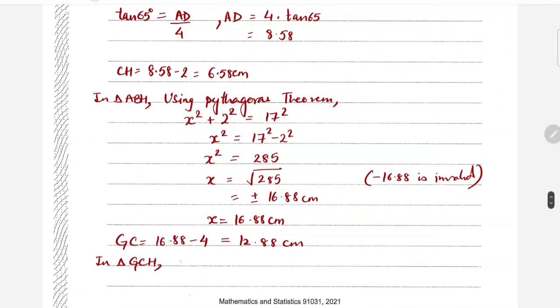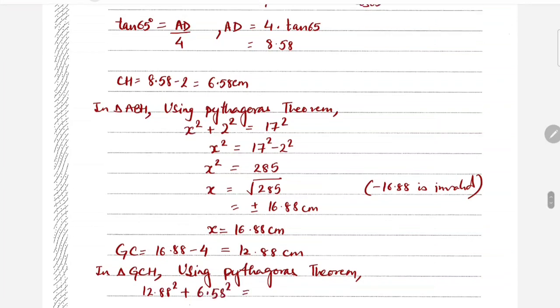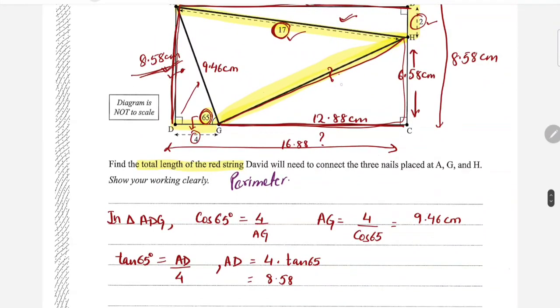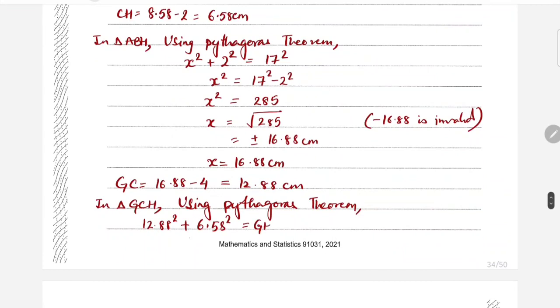Using Pythagoras theorem, we will have 12.88 squared plus 6.58 squared is equal to GH squared. Put that into the calculator and that should give you something.